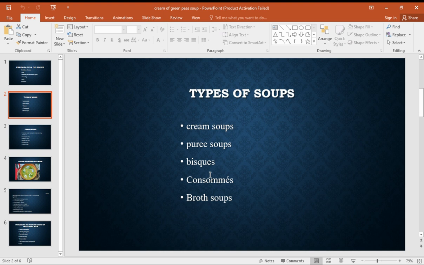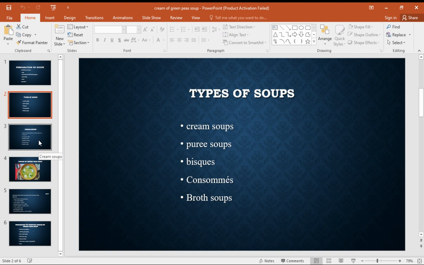We have bisque. This is a thick cream soup that is pureed and strained for a fine, smooth final result. Mostly features seafoods, e.g., lobster, crayfish, crabs. We have consomme soup and broth soups.